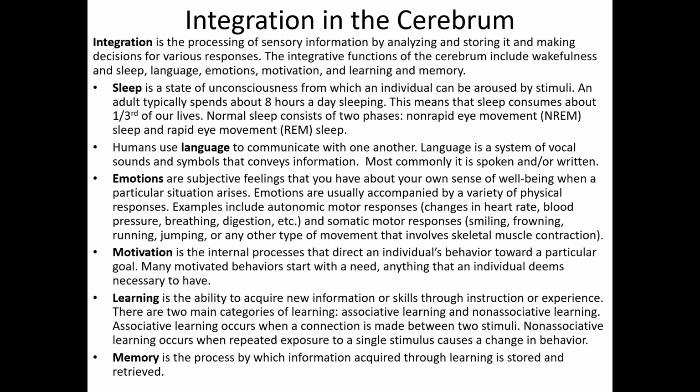REM sleep is actually, even though it looks like we're waking up with those eye movements, the deeper of the two. That would be when you do your dreaming. There's a lot that goes on with sleep. If you just think about sleep, it's like powering down and getting energy back, like plugging in a phone. It's kind of crazy. If you want to learn more about sleep, take psychology or read a little bit more in your textbook than what I've provided for you here.